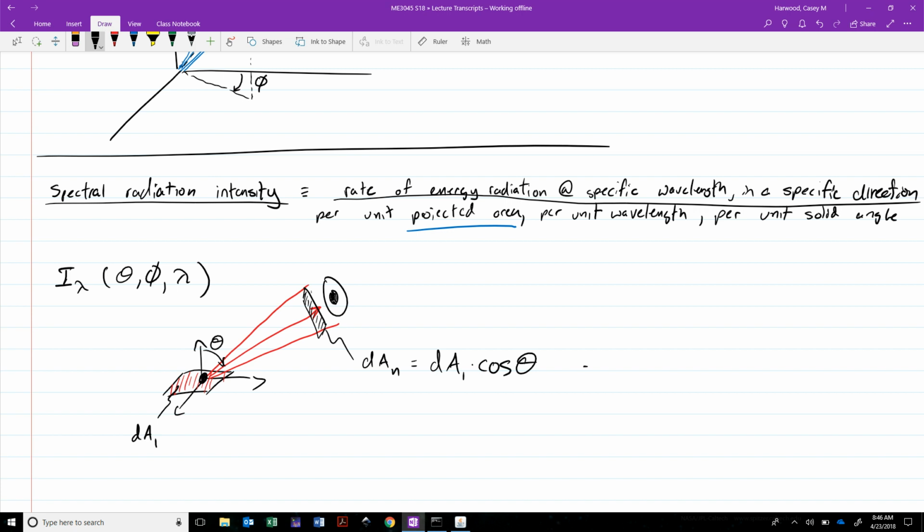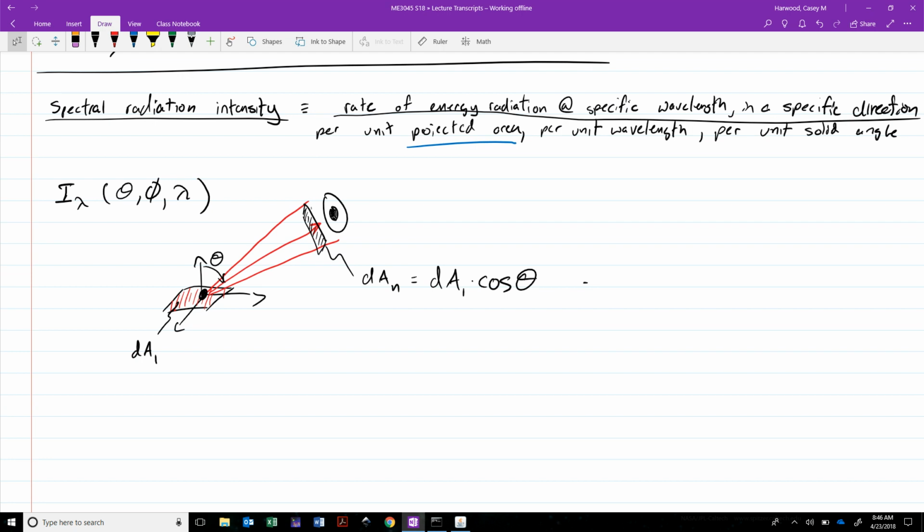Whereas if theta were 90 degrees, then that cosine theta would be equal to 0, which means that the direction in which that radiation is being sent is able to see none of this surface area. So this just has to do with that perspective on a surface area.